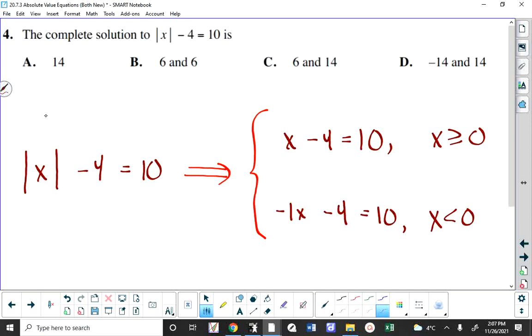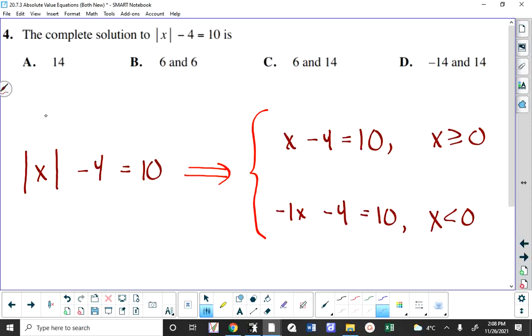And you don't need the absolute value signs if what was inside, which was x, was already greater than or equal to 0. If you do need the absolute value signs because what's inside is negative, because x is less than 0, then you have to remove the absolute value signs and multiply what's inside by negative 1.